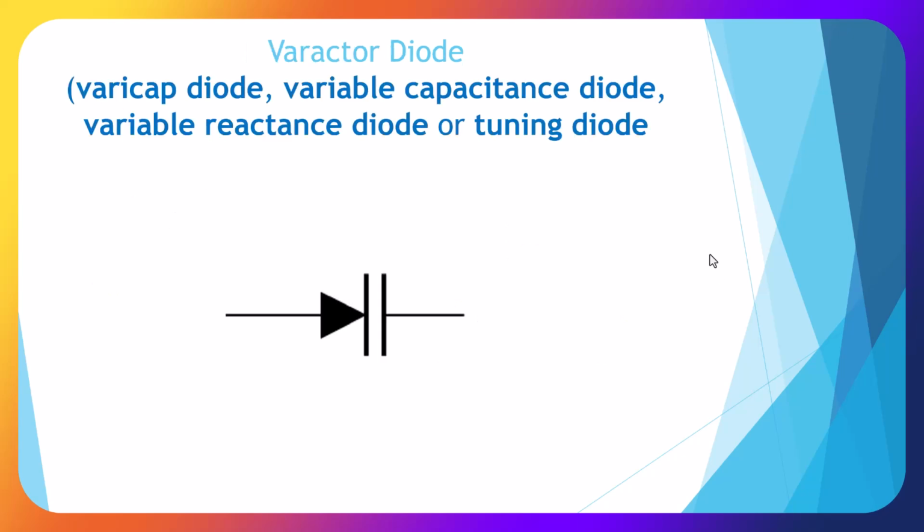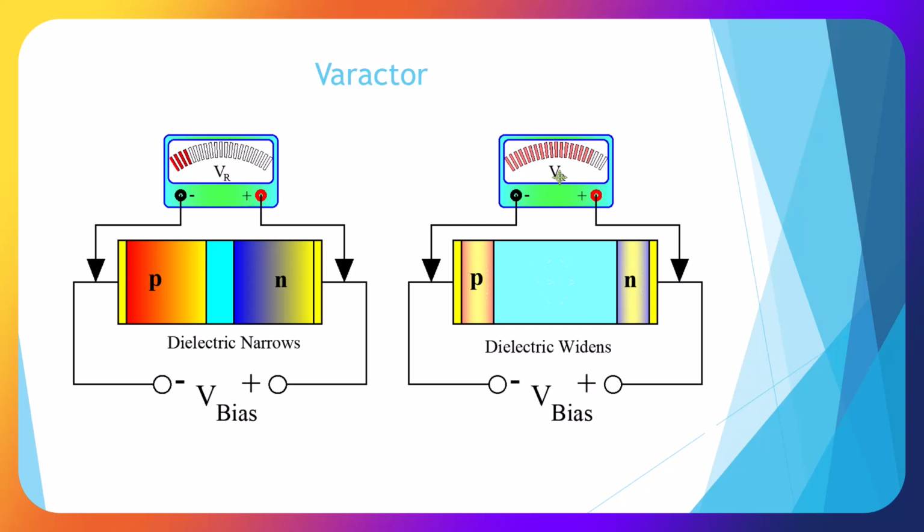Okay, let's look at the varactor diode. It's also known as a varicap diode, a variable capacitance diode, a variable reactance diode, or a tuning diode. Here's the symbol, a diode and a capacitor symbol together. Here I'm showing 2 varactor circuits. So what we have here is a special diode.